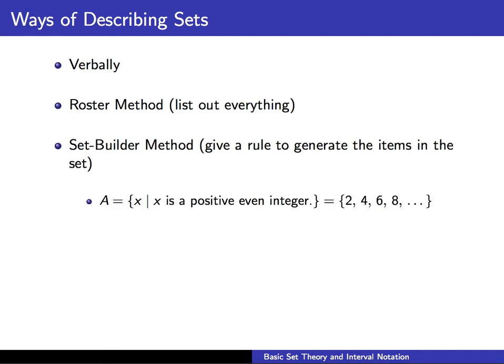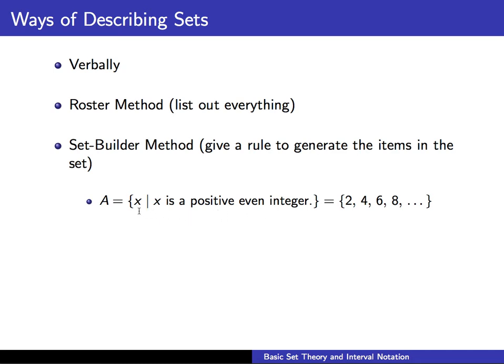Instead, you can use a set builder method, which gives you a rule to generate the items that are in a set. So for instance, here we have the set A, and X is our variable, and this right here after this vertical line is the important part, where X is a positive even integer.